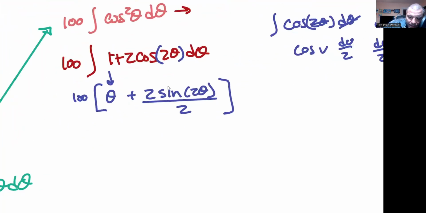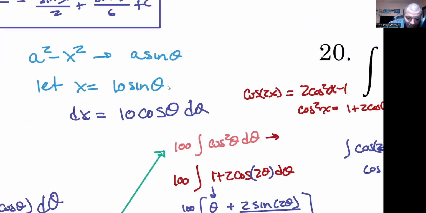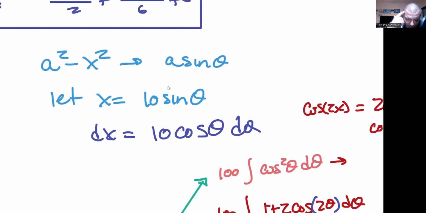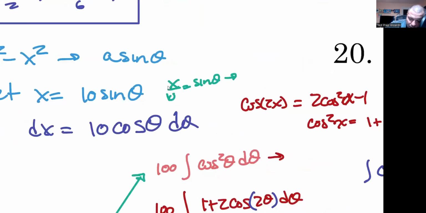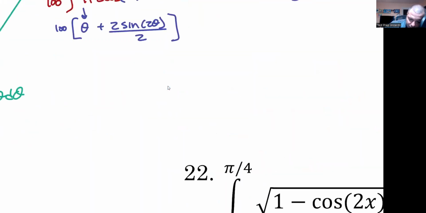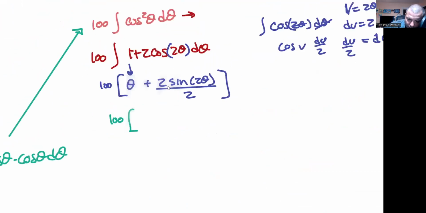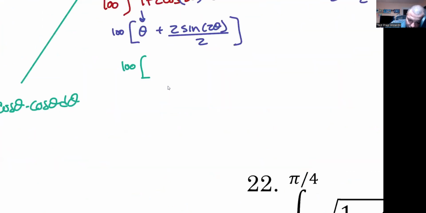Right, and then now let's turn everything back into our x's, right? For theta, we had x equal to 10 sine of theta. So this would mean x over 10 is the sine of theta. So thus theta would equal the arc sine of x over 10. So we're going to get 100 times theta, which was arc sine of x over 10.